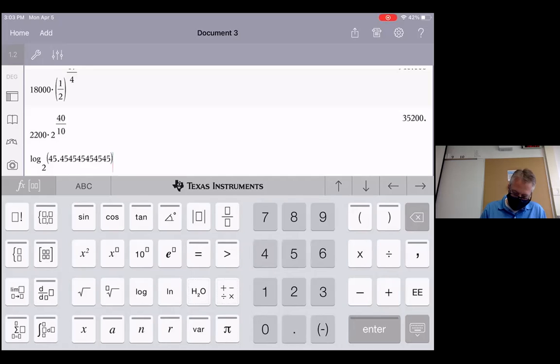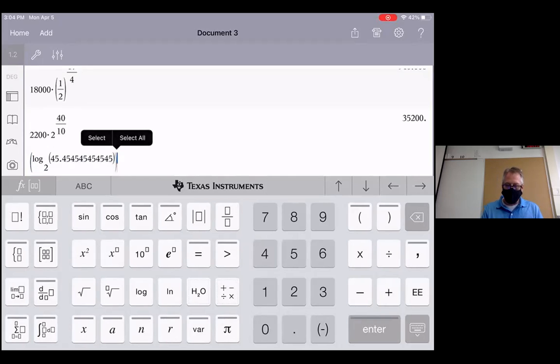And I'm going to write that to the 10th. Whoops, that's not how I want to do it. All right, how do I get that to the 10th? Oh, I don't think it's going to let me. I think I'm going to have to put that 10 out in front, and I'm getting into the next lesson then.